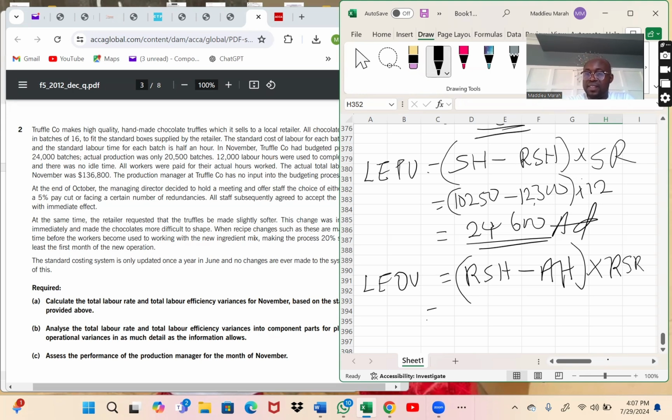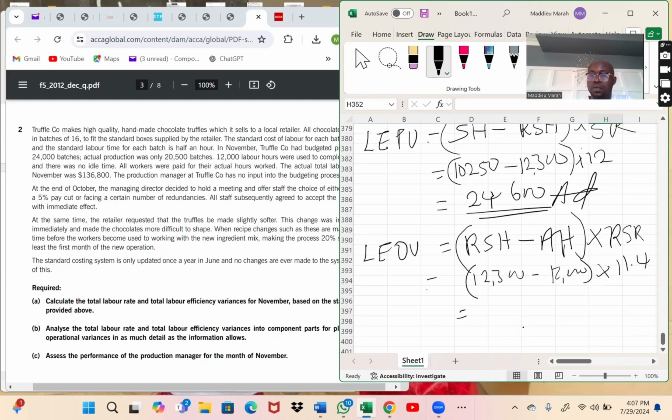Revised hour is 12,300, actual hour is 12,000, at 11.4. So 12,300 minus 12,000 multiplied by 11.4 gives 3,420. This gives us a favorable variance.